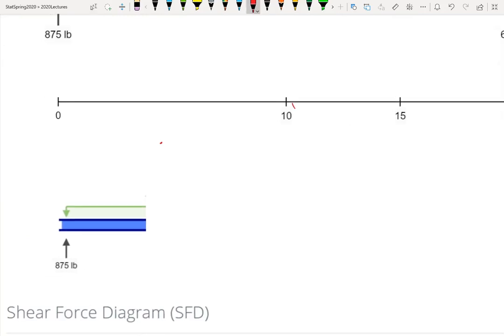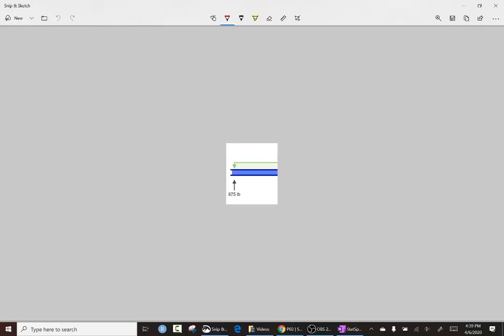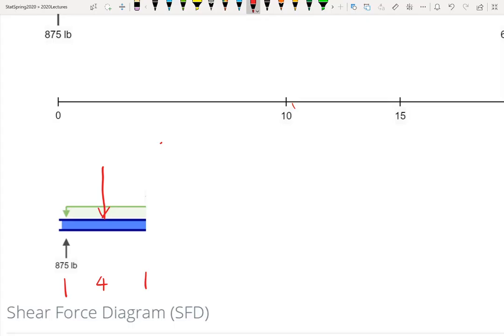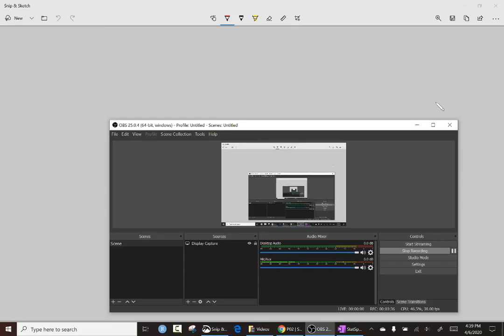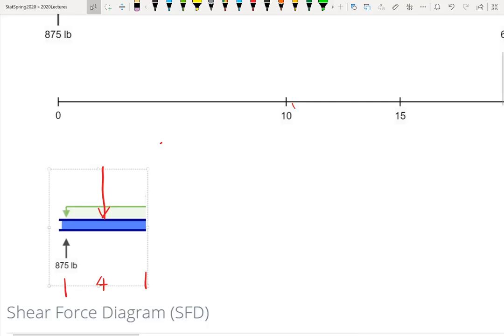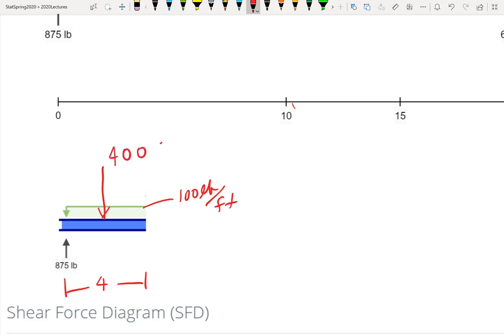So if its distance from here to the end is 4, that means the total load, and let me see if I can get back here. Alright, so if this is a distance of 4 and this is still 100 pounds per running foot, then this becomes 400 pounds.